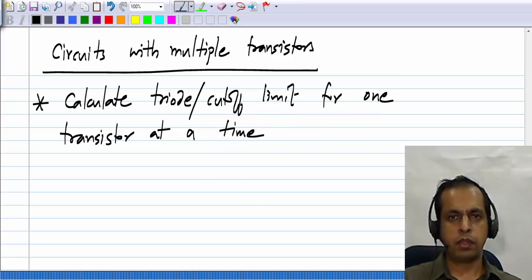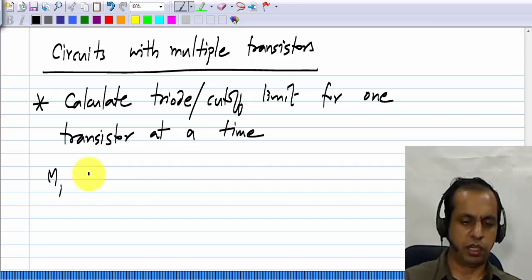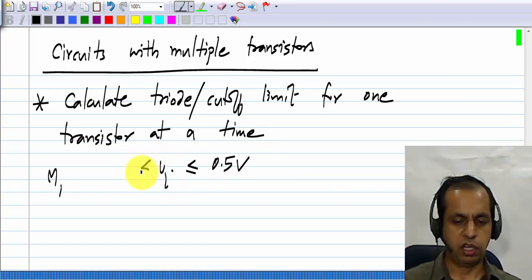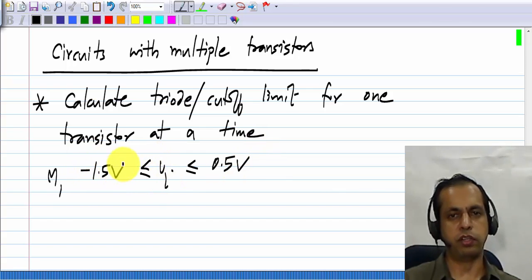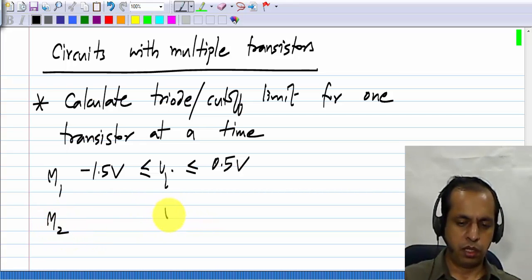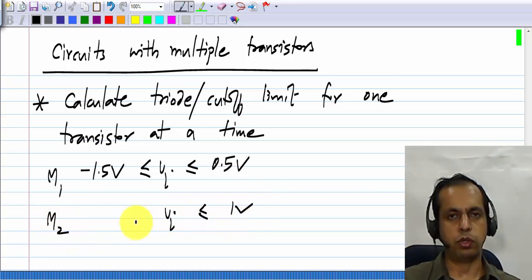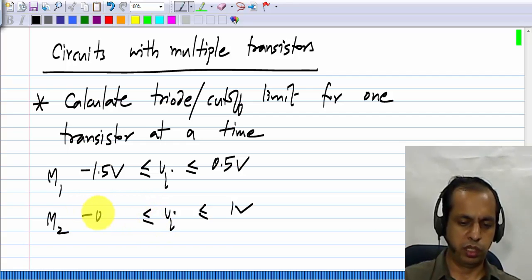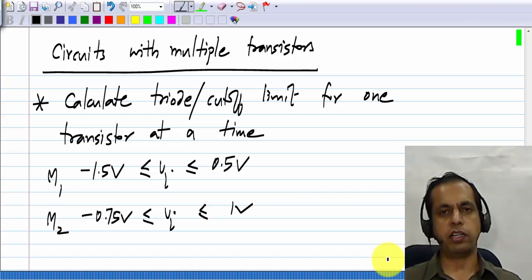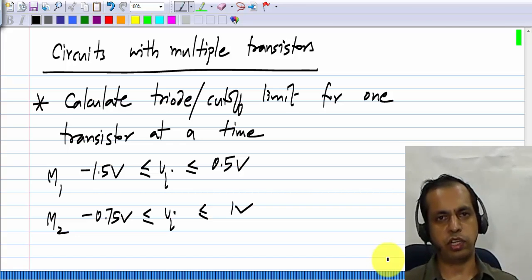So now let's say because of some transistor M1, Vi happens to be within these limits. Let's say the upper limit is half a volt and the lower limit is minus 1.5 volts. And because of M2, the upper limit happens to be 1 volt and the lower limit happens to be minus 0.75 volts. So you do it for every transistor. There could be 100 transistors, you do it for every one of them.